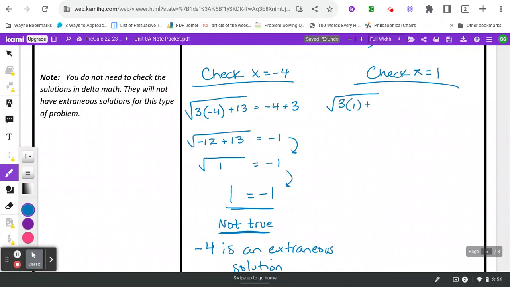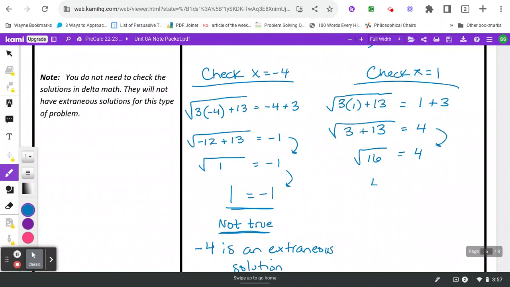3 times 1. And just carefully do the math here. Add those two together. Add 3 and 13 to make 16. And we're just dropping him down.